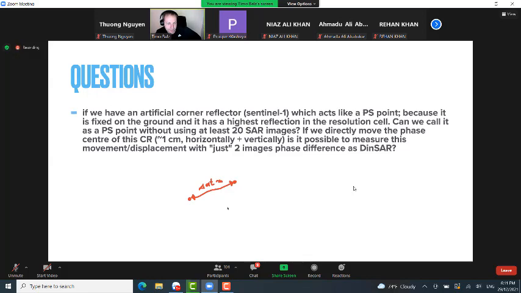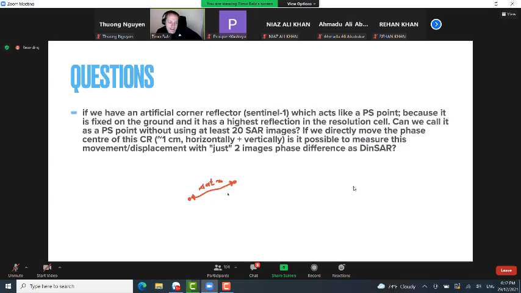So yes, that would be a way, but the difference is not really that they are corner reflectors that you set up. The difference is more that you just use two points and you connect them and they're close to each other, and you know one point is not really moving.